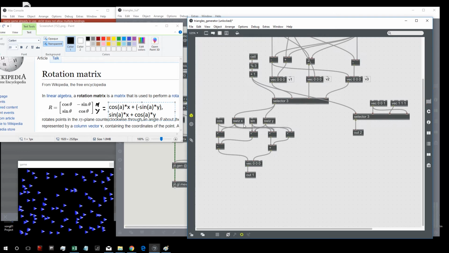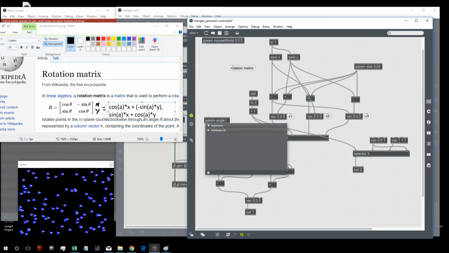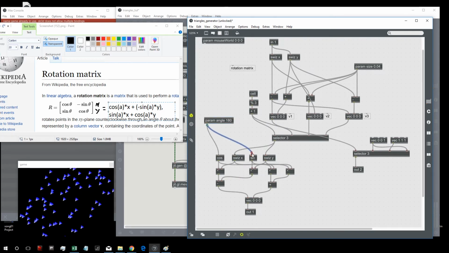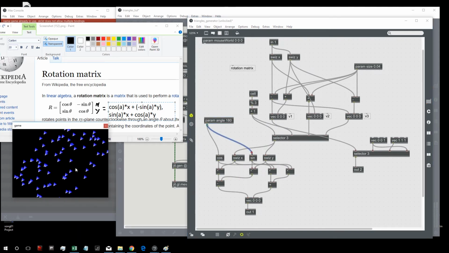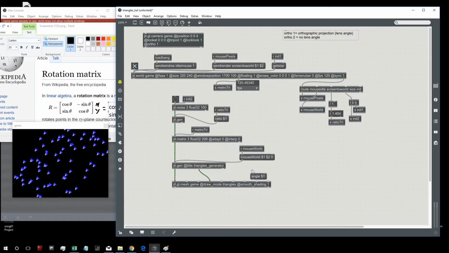Okay, let's create a parameter for our angle just to test it. Let's say, for example, 180, and then let's create a message from outside, we call it angle, and let's try to input some numbers.